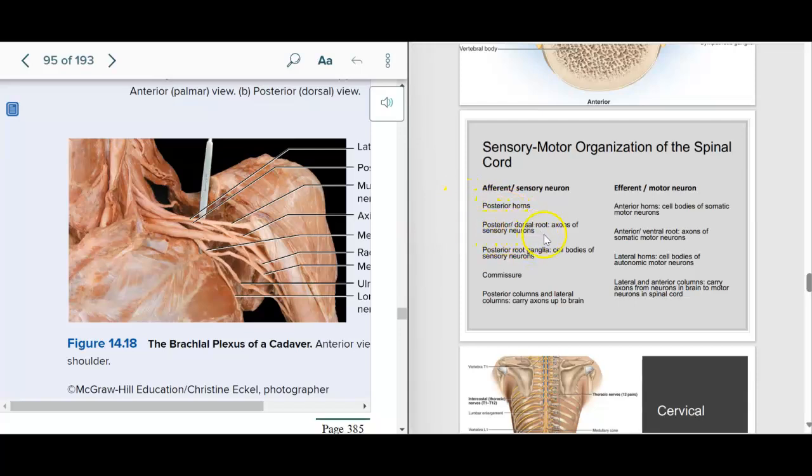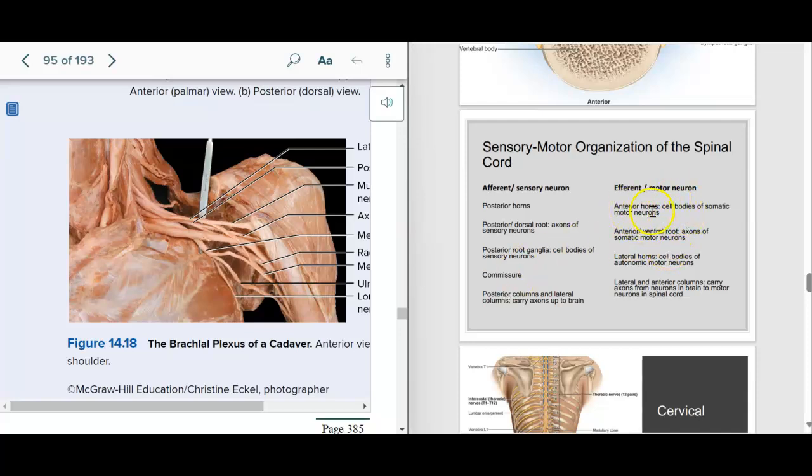Into the posterior dorsal root, axons of the sensory neurons. We have the posterior root ganglion, which are the cell bodies of the sensory neurons. The commissure, and we have the posterior columns and lateral columns that carry axons up to the brain. So these are the afferent sensory neuron important structures.